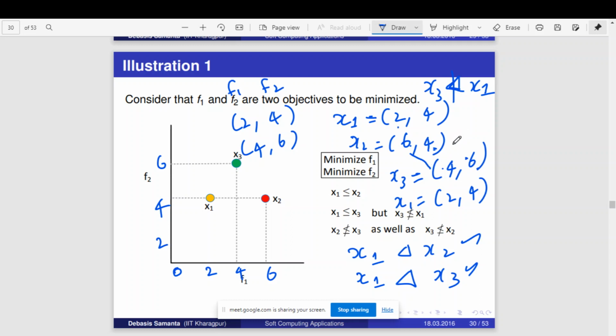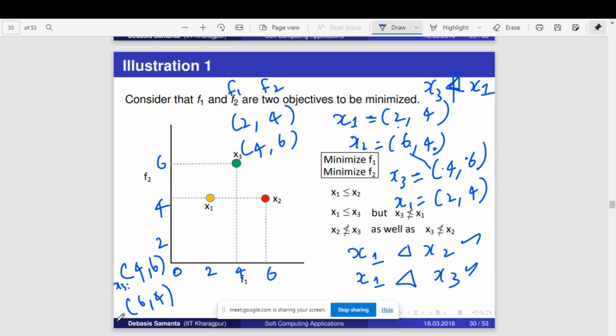Okay. What about x3 and x2? So can you say that x3 is dominating x2 in the reverse way? Now write it this way. x3 is 4, 6. x2 is 6, 4. So x2 is not dominating x3. So what about this? Does x3 dominate x2?